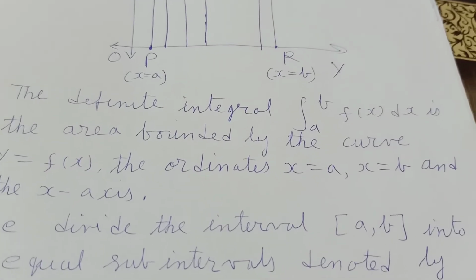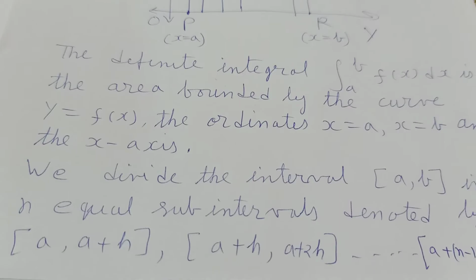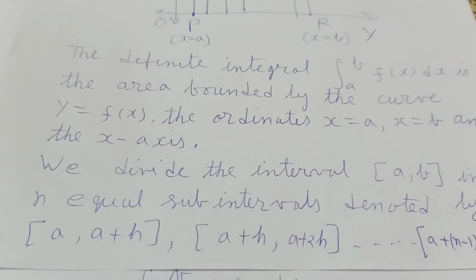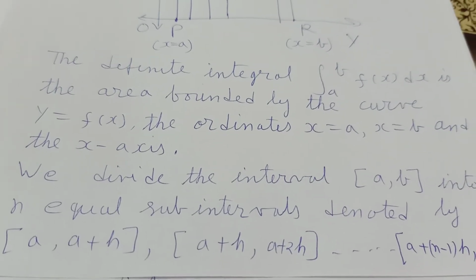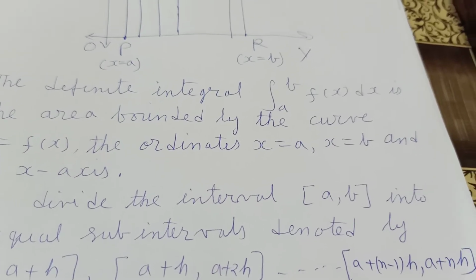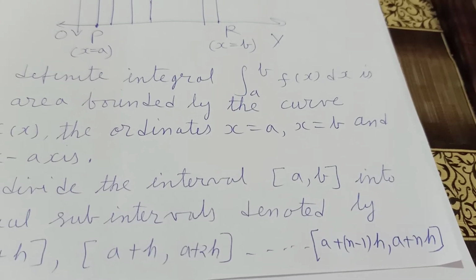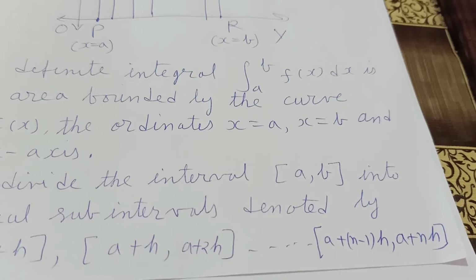Now, if we divide the closed interval [a, b] into n equal subintervals, divided by a plus h, a plus 2h, and by continuing this way, our nth subinterval will be the closed interval a plus (n minus 1)h to a plus nh.